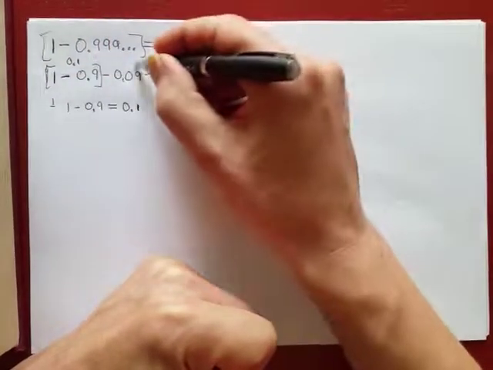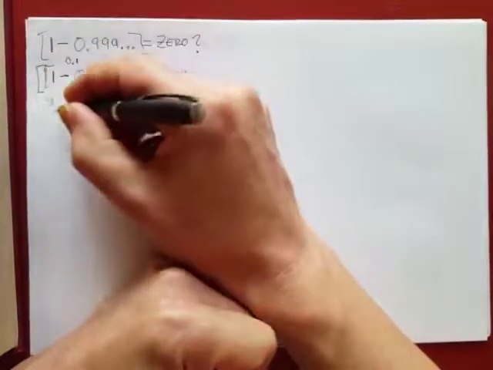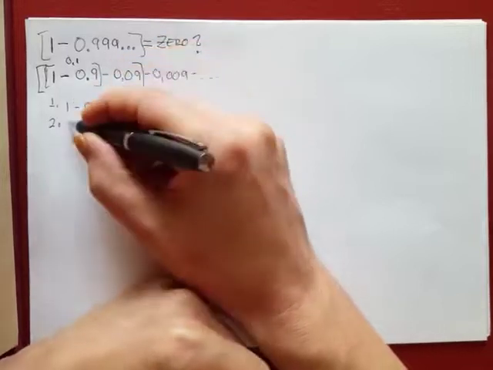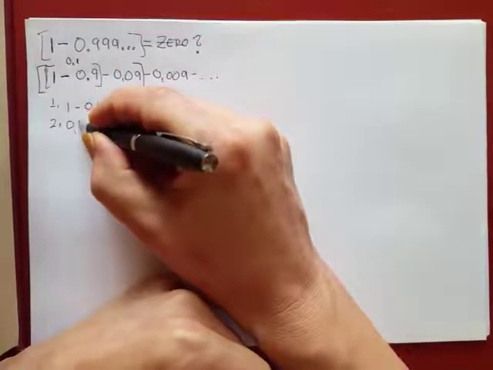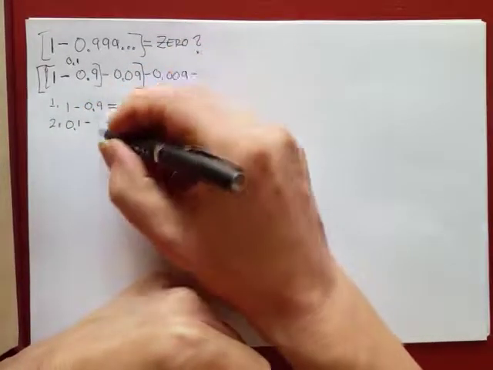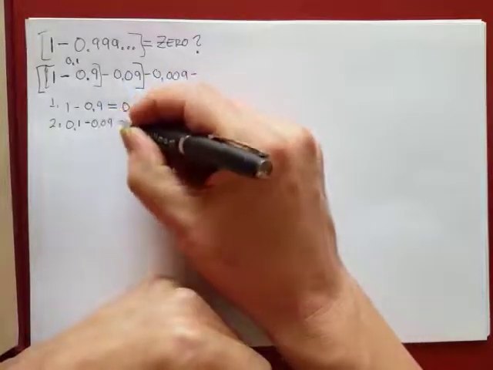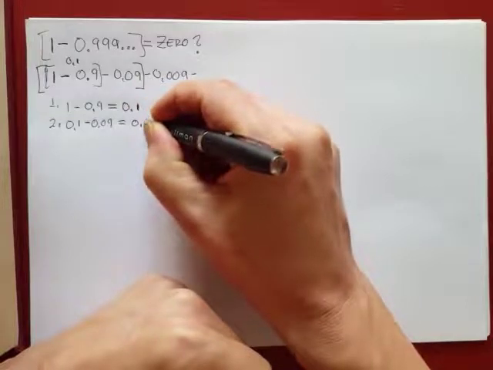Then we could take that part in step 2 and take 0.1 minus 0.09, and that's equal to 0.01.